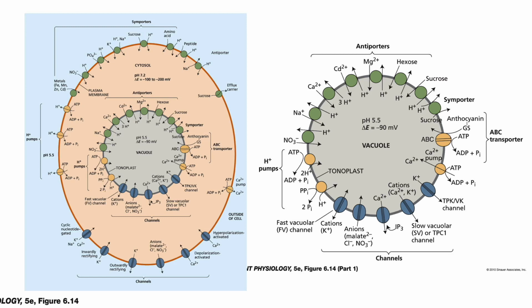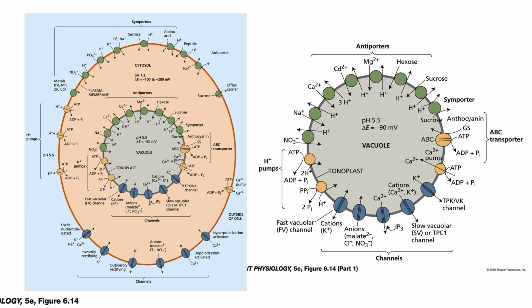Now we have a series of channels. There's a potassium channel that allows potassium out of the cell. We have other channels that can do both potassium and calcium. It's known as a slow vacuolar or TPC1 channel. Each of these are specific and different from each other.